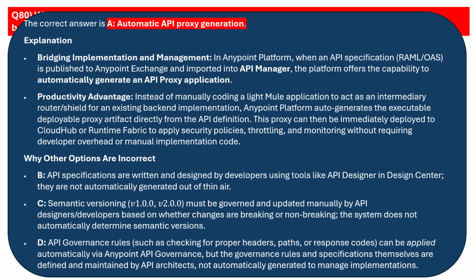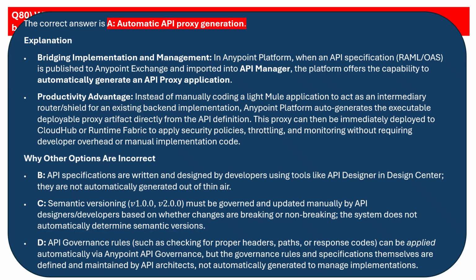The correct answer is A. Automatic API proxy generation. Explanation. Bridging implementation and management. In Anypoint Platform, when an API specification, RAML/OAS, is published to Anypoint Exchange and imported into API Manager, the platform offers a capability to automatically generate an API proxy application. Productivity advantage.